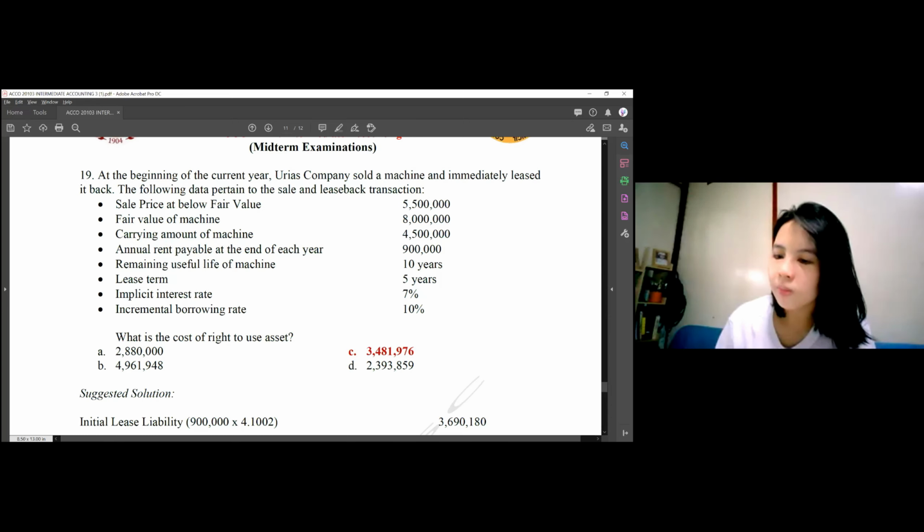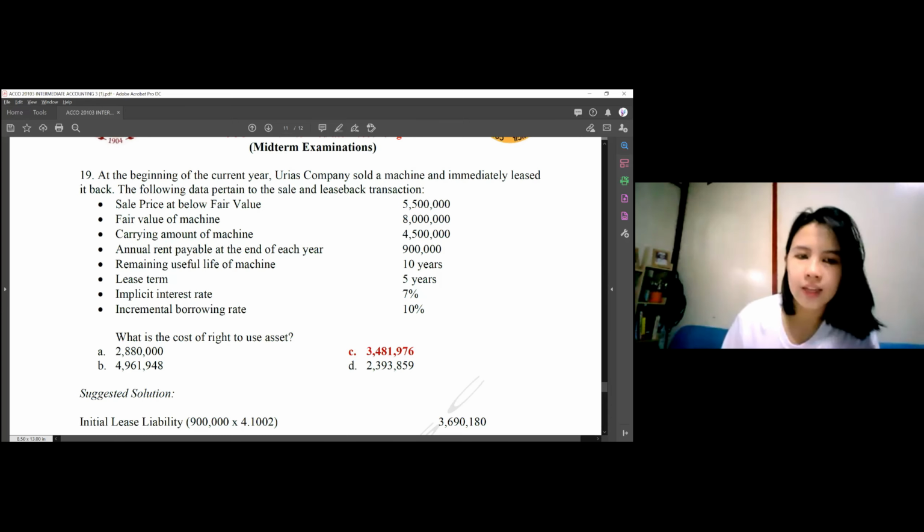We'll get 4.1002, rounded na yan. Multiply natin by 900,000. We'll get 3,690,180, rounded up. So, ayan. That will be the initial lease liability.